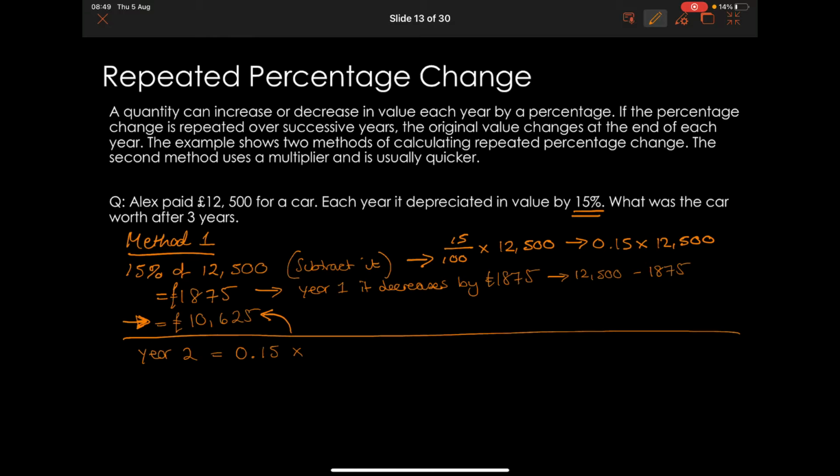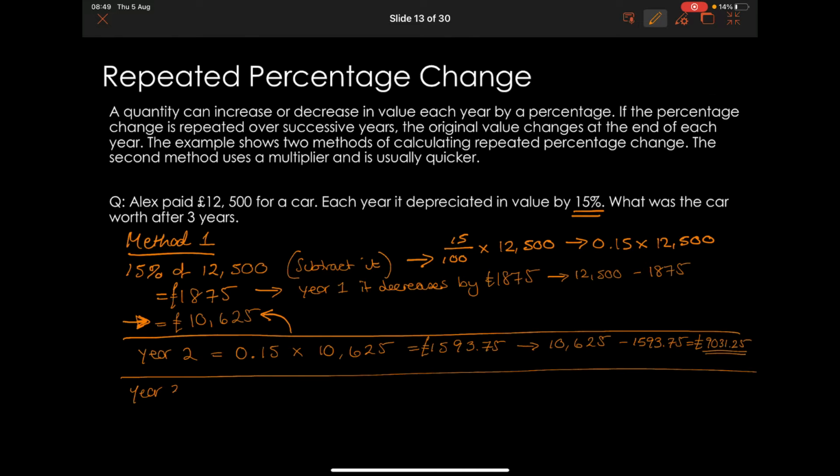After year 2, I need to do another 15%, so 0.15 times 10,625. That gives me £1,593.75. Then I need to take that away from 10,625, which gives me a total after year 2 of £9,031.25.